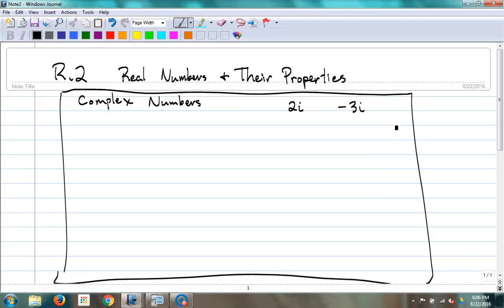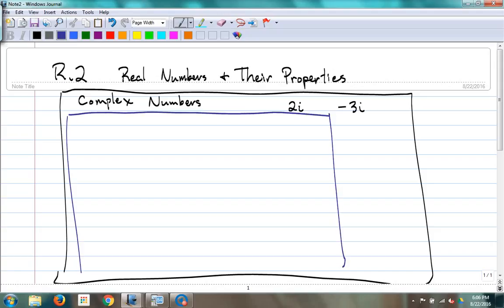Well, inside of the big complex number box is a smaller box. I'll go dark blue here. It's not smaller by a whole lot, but it's smaller. Inside of that are the real numbers. And the real numbers are numbers that don't have the i on them. Okay? And so that's all the numbers we're more used to dealing with, right?